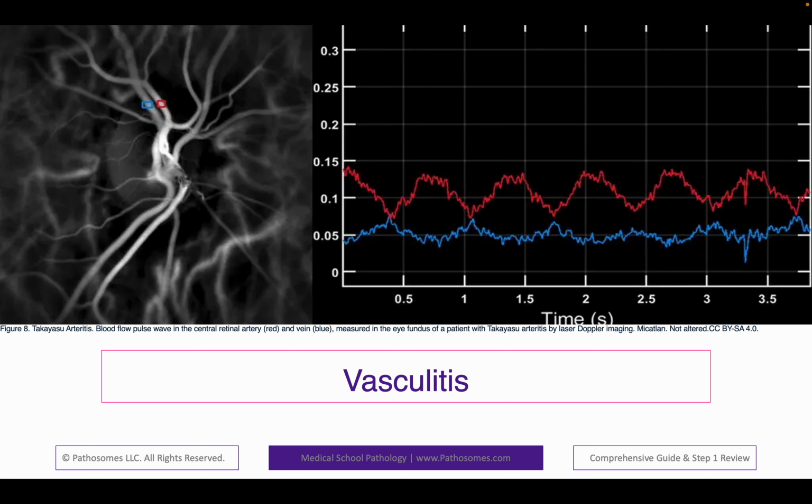And regarding Takayasu arteritis, the blood flow pulse wave in the central retinal artery can actually be measured. You can tell that there's an issue if the laser Doppler imaging is abnormal.